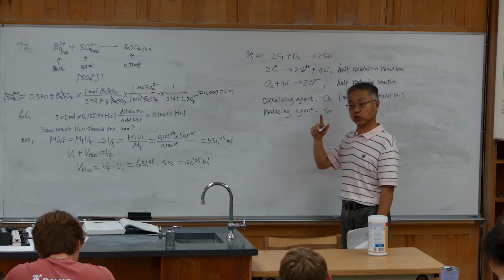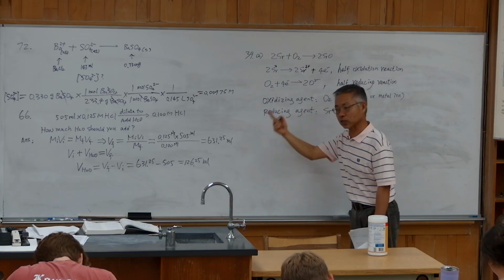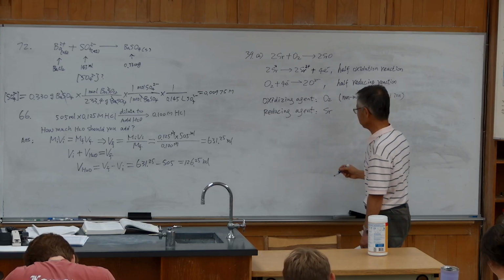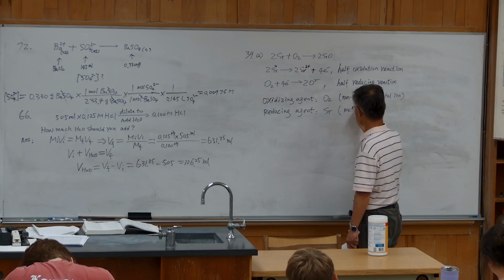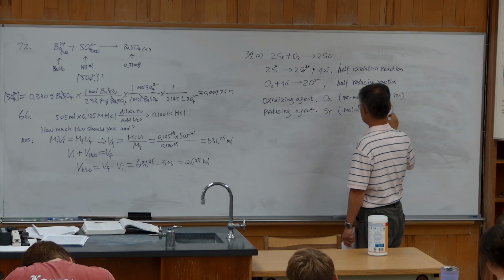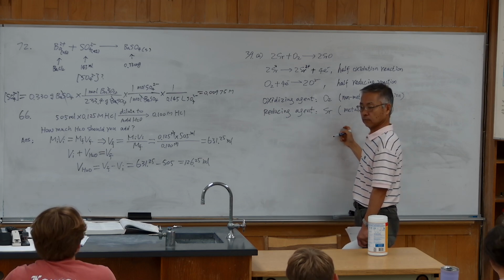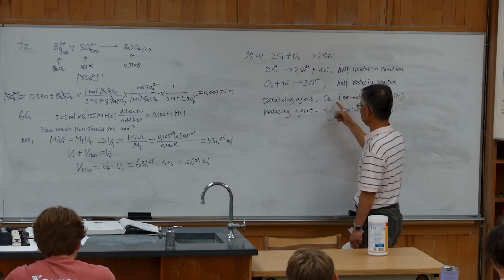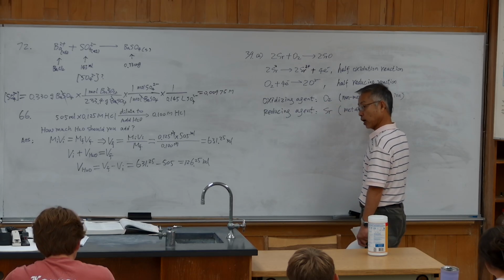Copper ion is reduced to copper. Zinc metal is oxidized to zinc ion. Reducing agent is always metal. Oxidizing agent could be nonmetal like here, and sometimes could be a metal ion.